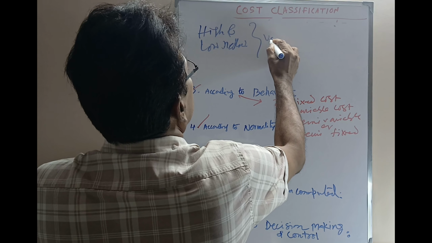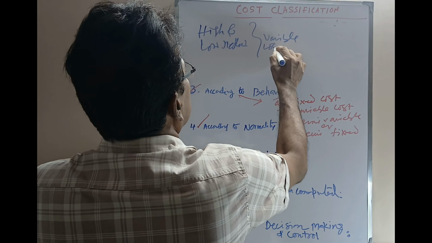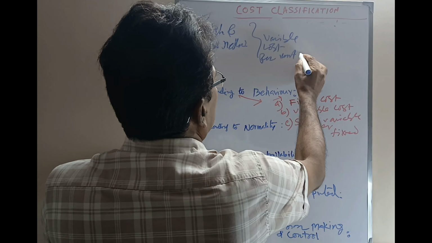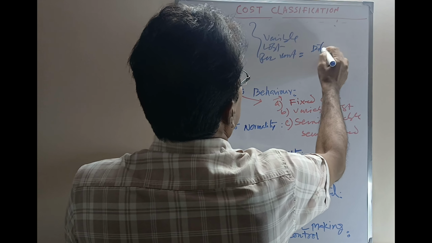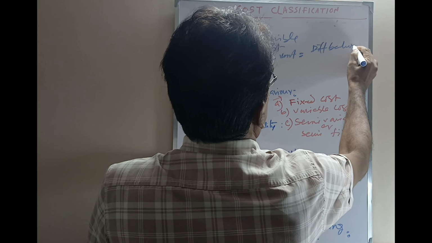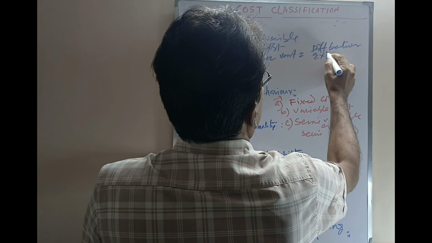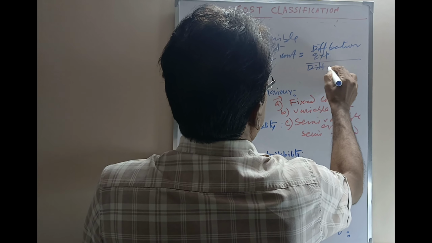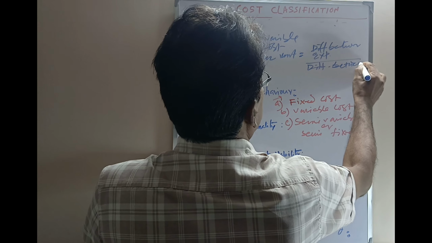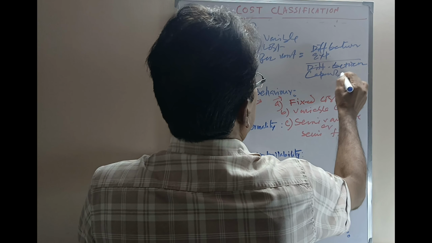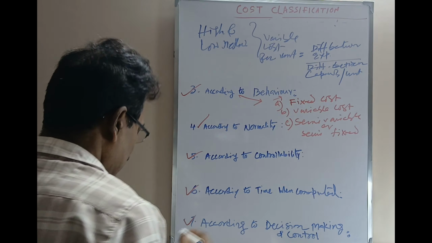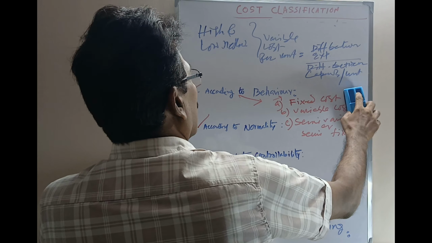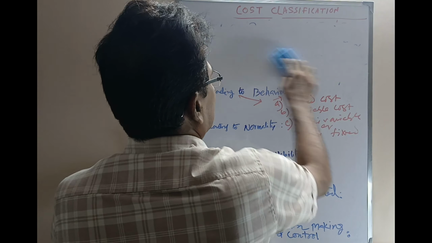Variable cost per unit is equal to the difference between expenditure divided by the difference between capacity or units, whatever it may be. Then variable cost per unit may be worked out. Let us see how.